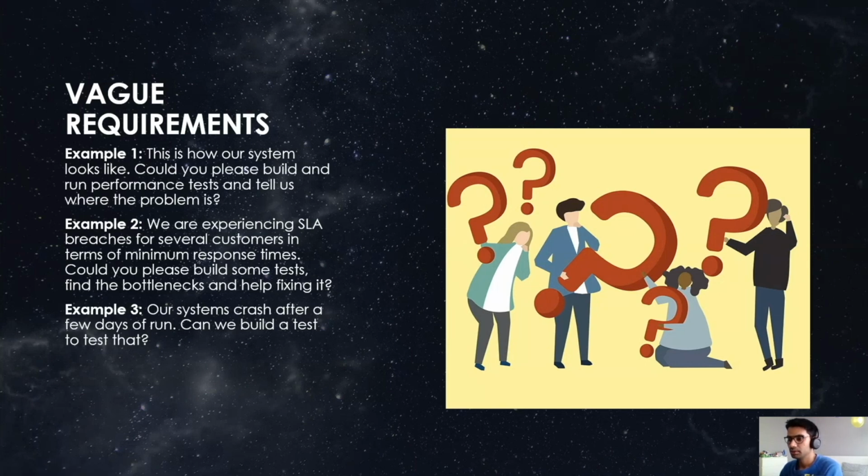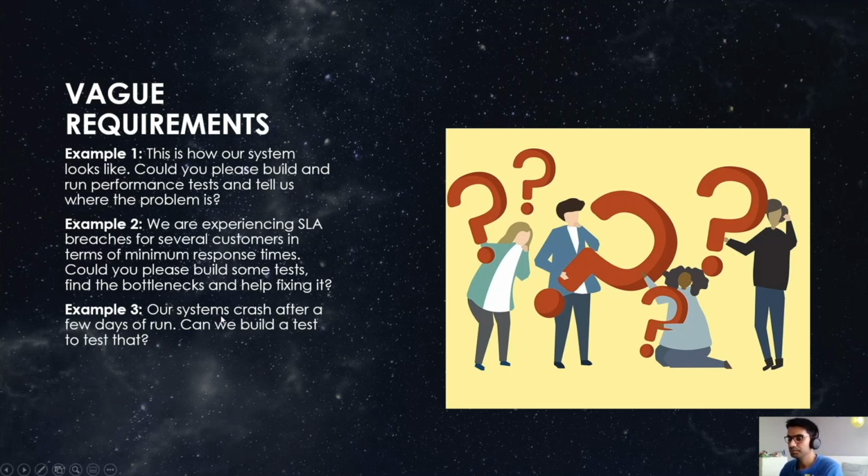Some of the team colleagues or product people were saying that we have some SLA breaches. We need to be contained in the SLA most of the time in terms of the response times. Could you please build some tests, find the bottlenecks, and maybe help fix it, help tune the system in terms of the memory, the hardware and software requirements that we need?